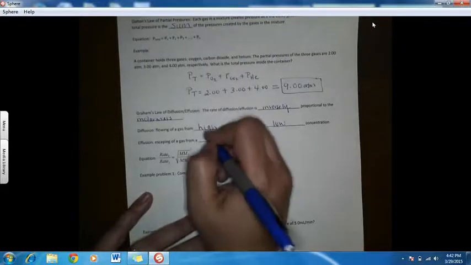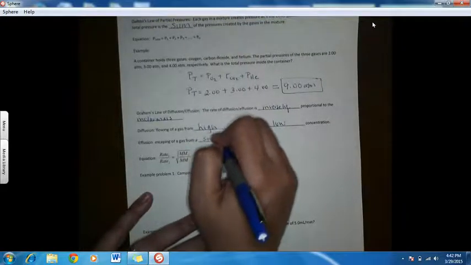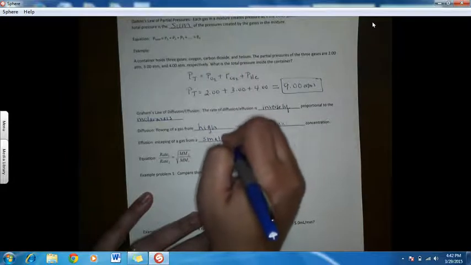You may remember talking about this in biology class with diffusion in cells. Effusion is the escaping of a gas from a small hole. This is what occurs when you have a helium balloon, and eventually it deflates and will no longer float in the air, because the helium has slowly leaked out of very small holes in the balloon.